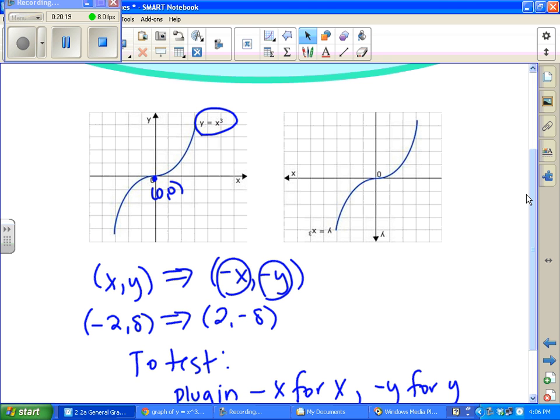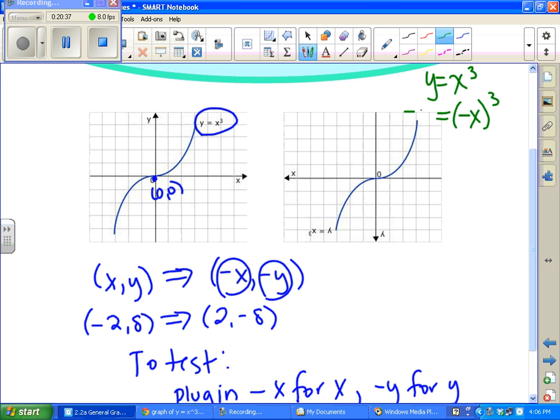So if our equation is y equals x cubed, I'm going to do it up here in the corner. Y equals x cubed. That's our original. What I'm going to do is plug in negative x where I see an x. Negative x. Keep the cubed. I'm going to plug in negative y where I see a y. Negative y.